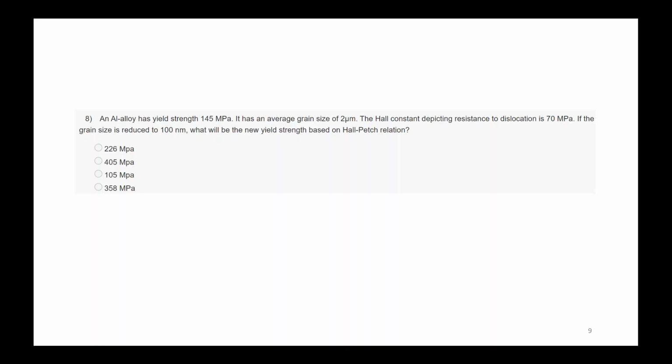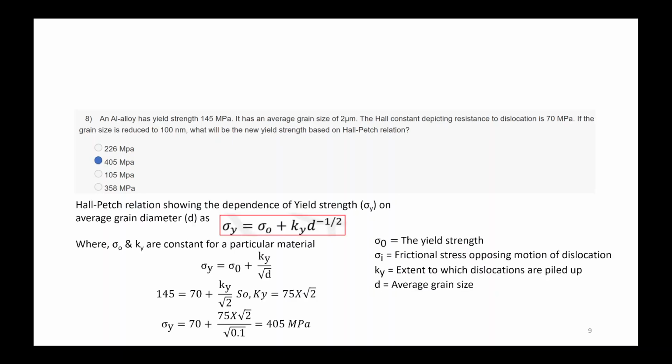Your options are 226 MPa, 405 MPa, 105 MPa and 358 MPa. Your answer will be 405 MPa.